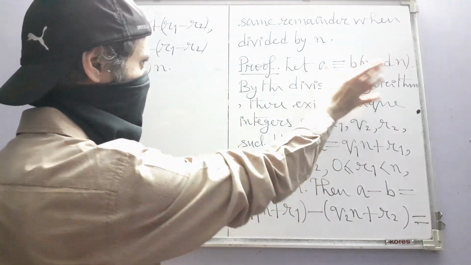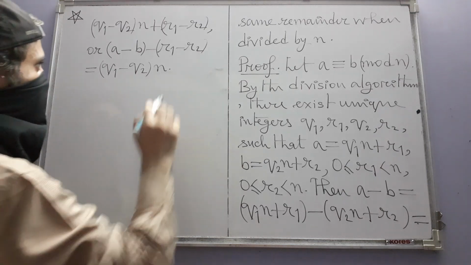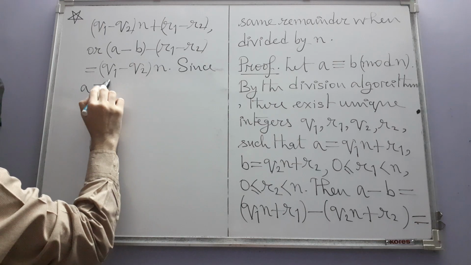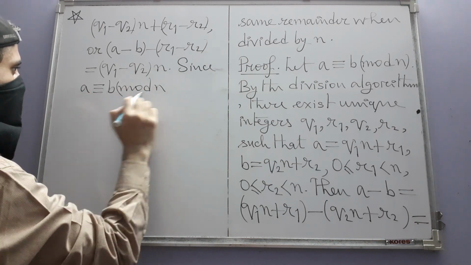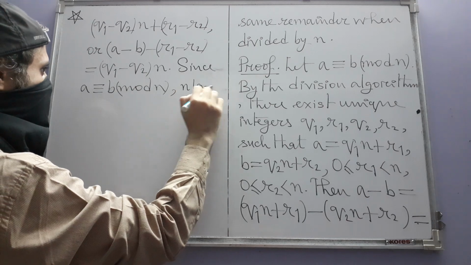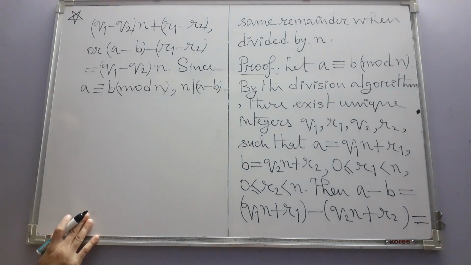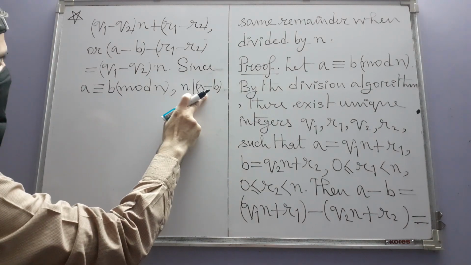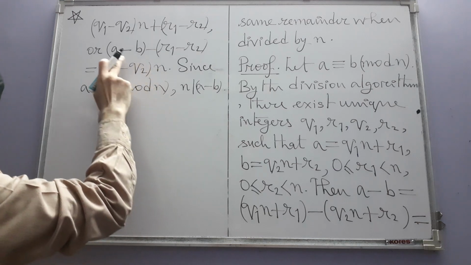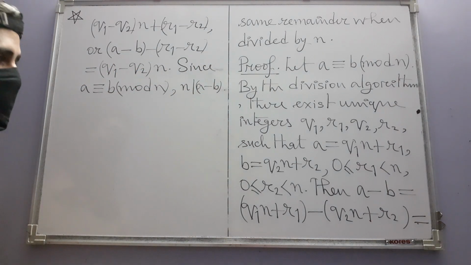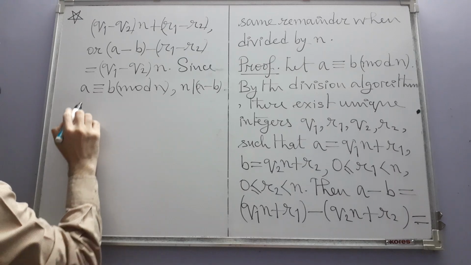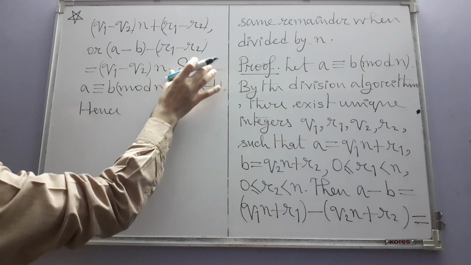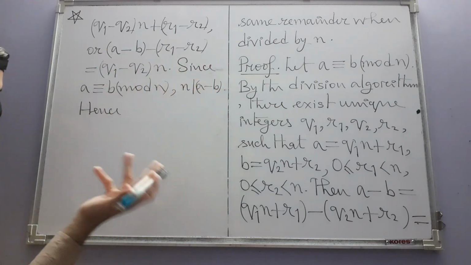It is given that A is congruent to B mod n. Since A is congruent to B mod n, n divides A minus B. Now because n is dividing A minus B, and from here we get that n divides A minus B minus (R1 minus R2), we get this. Actually I should have kept that line that n divides this, but anyway you understand.